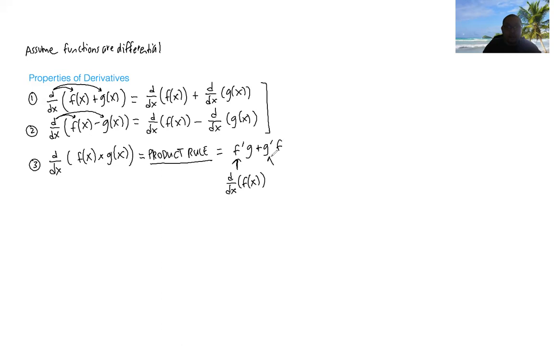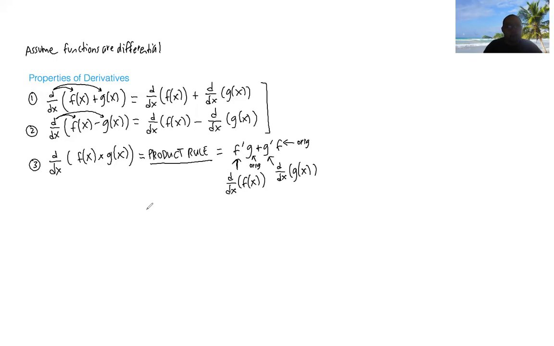In this case, g prime is the derivative with respect to x of g of x, this second function. And f is going to be your original f over here, and over here, this is your original g.